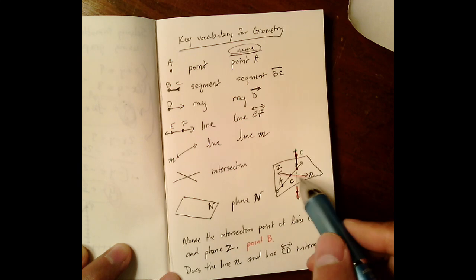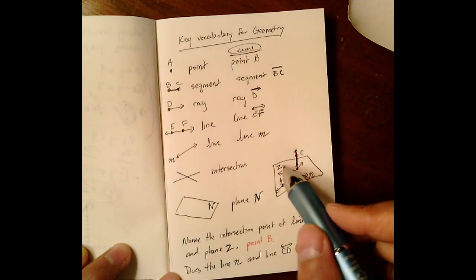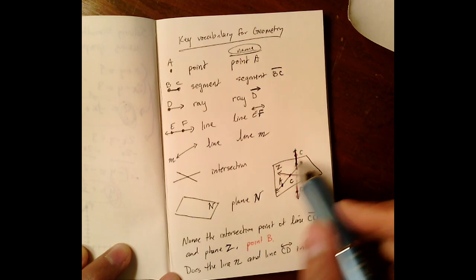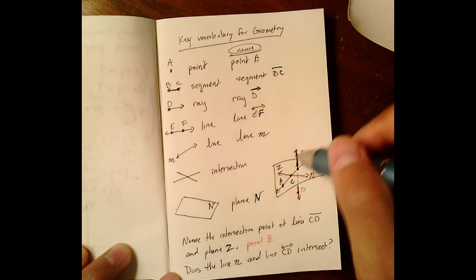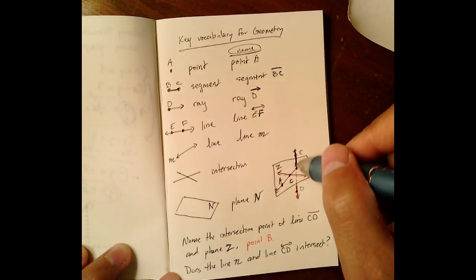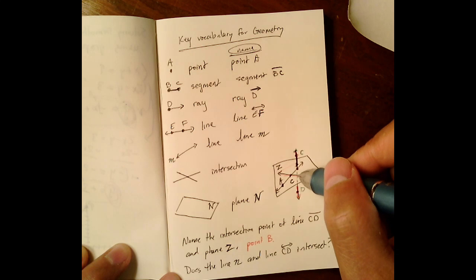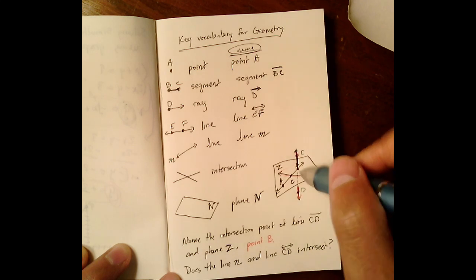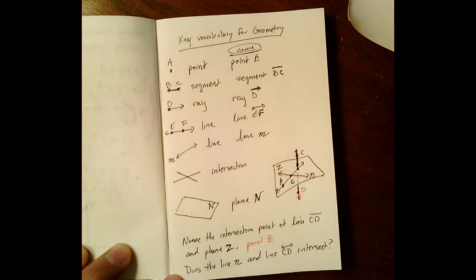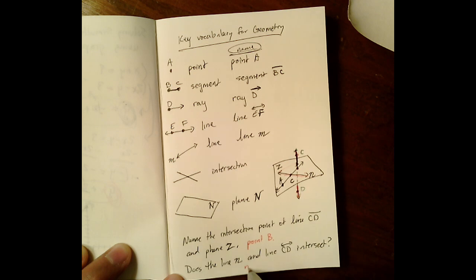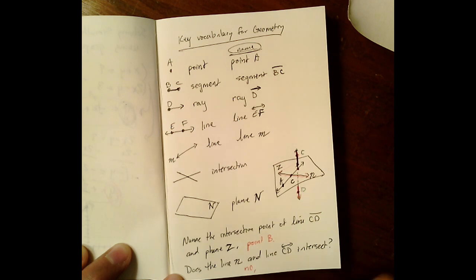But remember that line N is on the plane. It's on plane Z, so it's on this 2D plane, whereas line CD actually goes through the plane, and so it does not cross at that point. It looks like it almost does, but it doesn't. So does it cross or intersect? You would have to say no, and then explain, right?